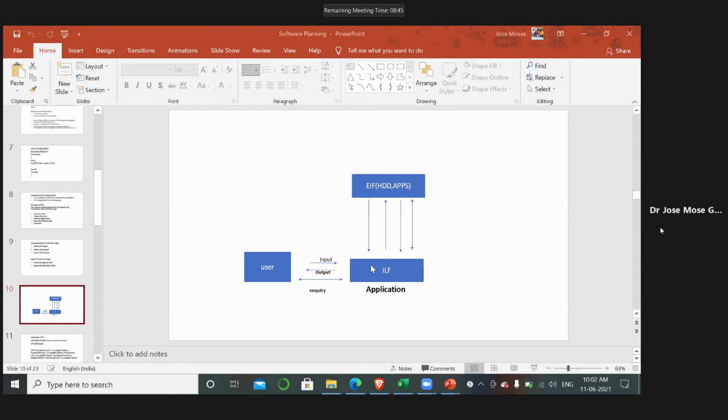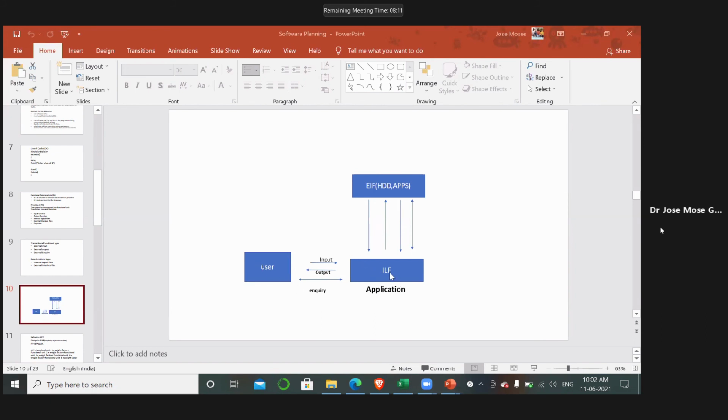The user interacts with that application by sending some inputs, and the application sends an output to the user. That particular transaction is called an inquiry. When a person calls some person and asks something, that is called an inquiry. So this particular block represents the inquiries, inputs and outputs from a user to an application.